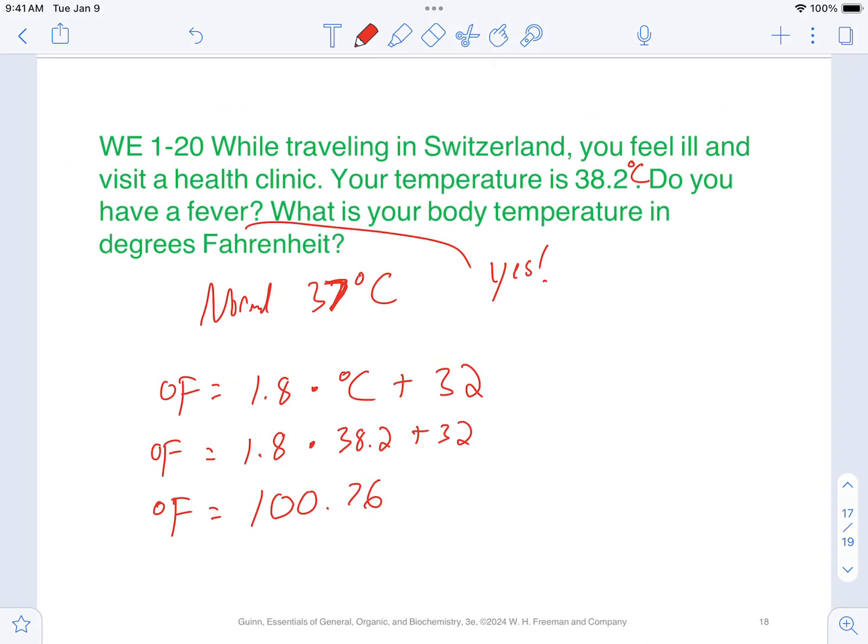So with sig figs, I'm trying to find my key, make sure that math is right. Yeah, it should be 100.7, but really that's not right. That should round up. That should be 100.8. And that's degrees Fahrenheit.